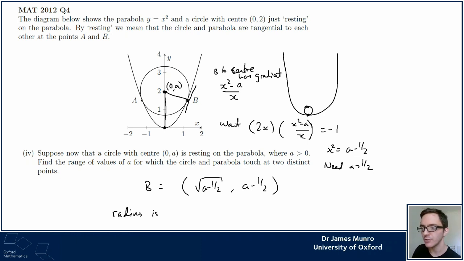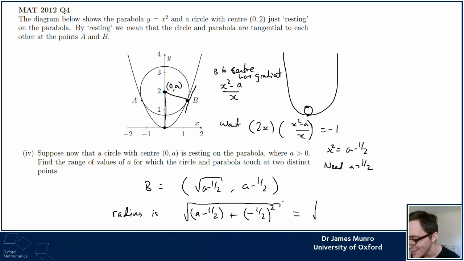So I need to do the difference in x coordinates squared, A minus a half, plus the difference in y coordinates, minus a half squared, and that square rooted, which is root A minus a quarter or something, I think. Difference in x coordinates, difference in y coordinates, square, add the squares, yeah, good.